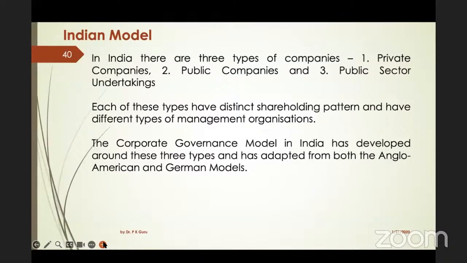In India, we have three types of companies: private companies, public companies, and public sector undertakings. All three have different requirements, and that is how they have different board structures. After the Companies Act 1956 and now 2013, which was amended in 19 and 20 also, there are guidelines. But when we talk of a company like Reliance, Adani, Hindalco, Aditya Birla, Mahindra and other big names, they are all private companies owned by some promoter.